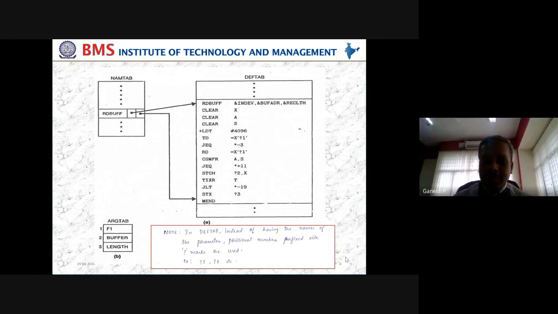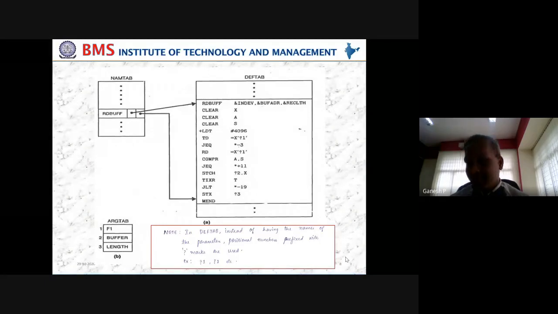When you look at the definition table, probably a small change you can notice here. The ampersand INDEV, ampersand BUFADR, ampersand RECLTH, which are formal parameters, will be given some numbers. INDEV is given number 1, first argument, first number, second argument, second number, third argument, third number.